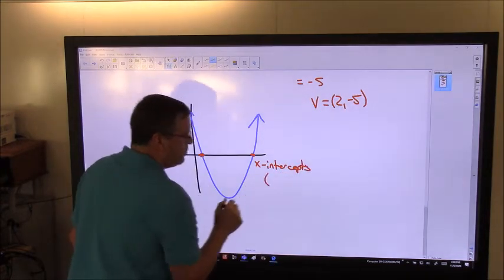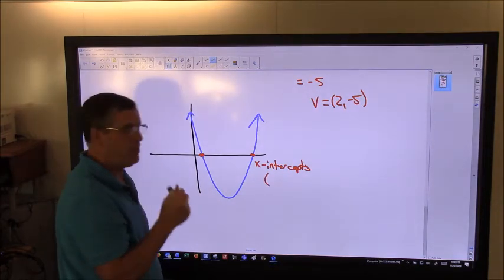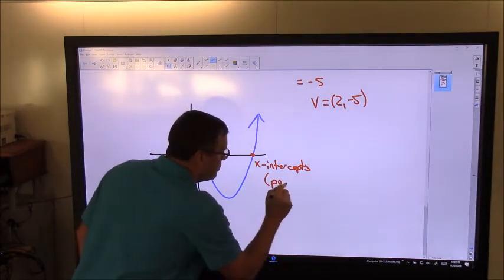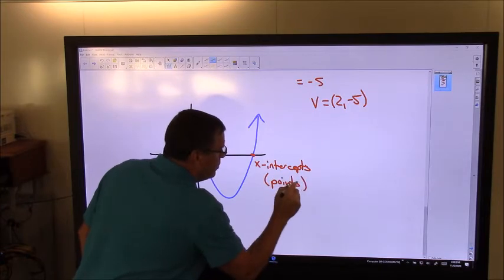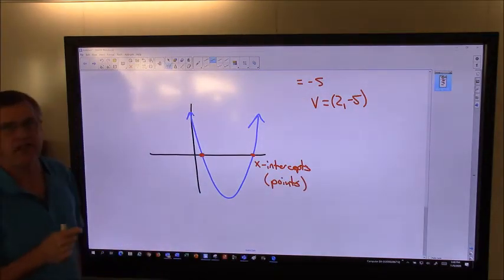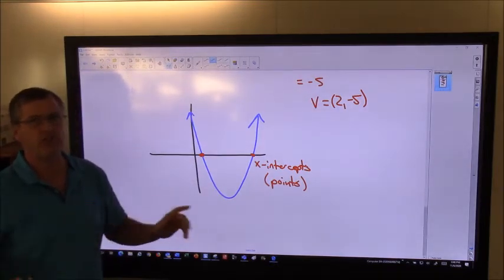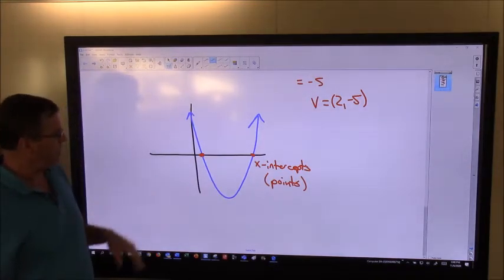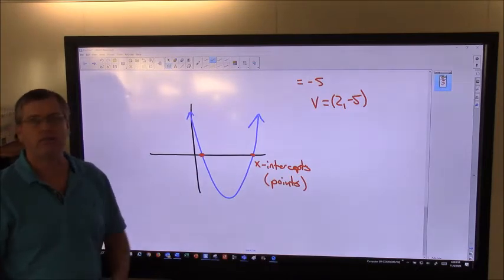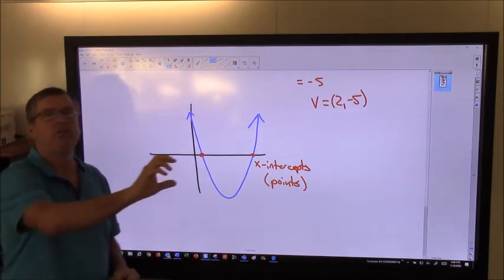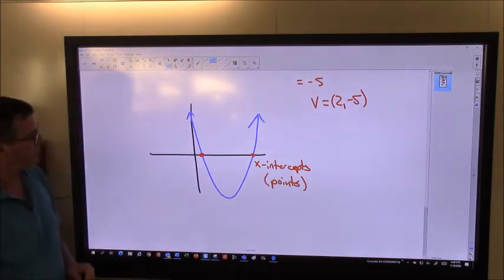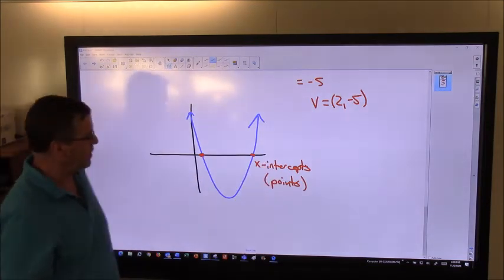Maybe make a note to yourself to remember, these are always points. Which means they have to have an x and a y coordinate. It's always something comma 0. It's not just a number. I don't want to say the x-intercepts are at 1 and 10. No, they're at 1 comma 0 and 10 comma 0. All right? So that's one thing we'll talk about here.